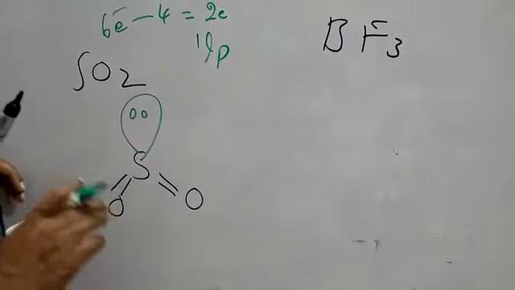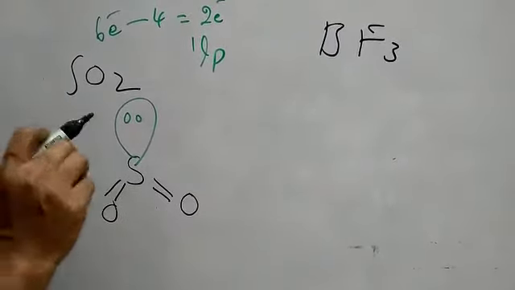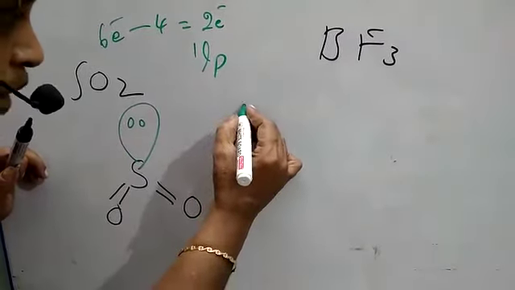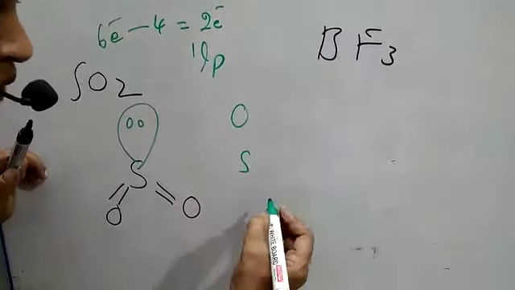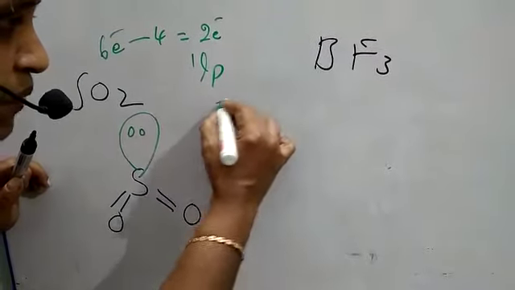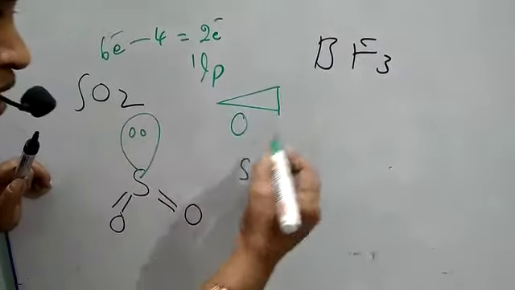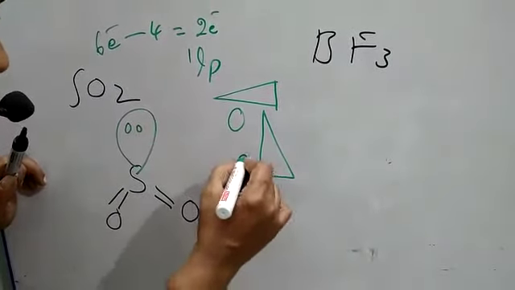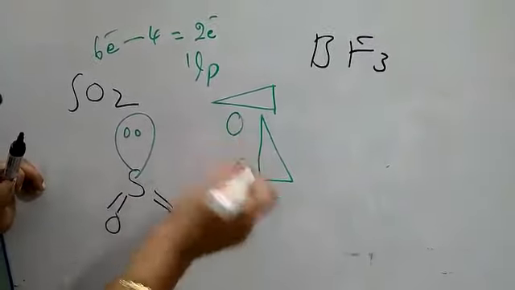Here is a very important point: your sulfur and oxygen in the periodic table. Electronegativity increases from left to right in a period and decreases from top to bottom in a group, so the electronegativity of your sulfur is greater than oxygen.